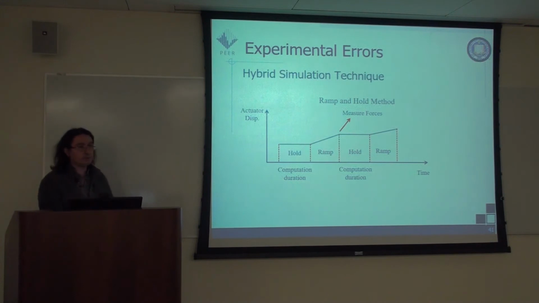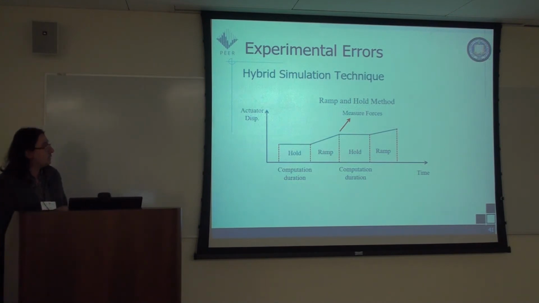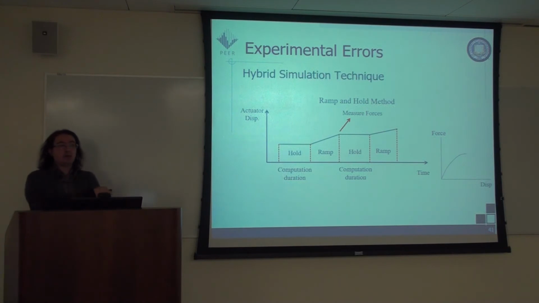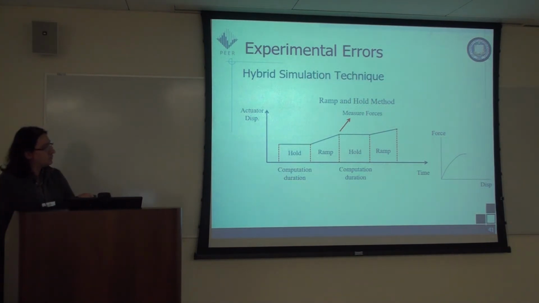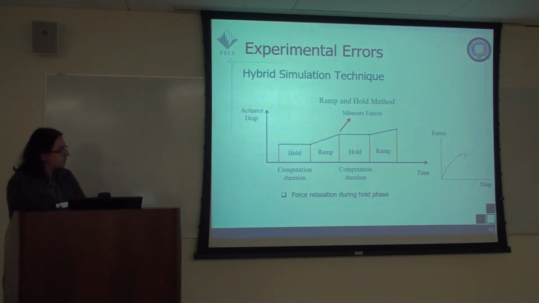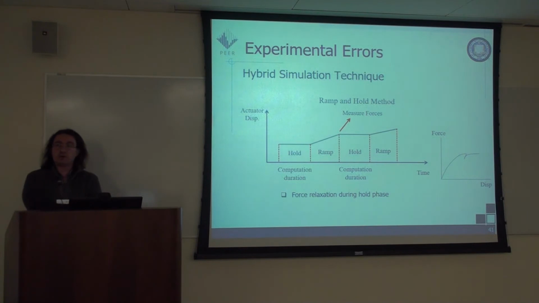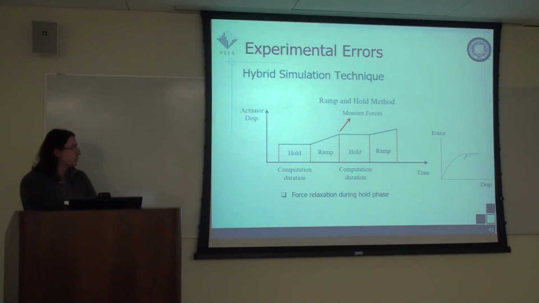The disadvantage of this is that while you are doing the computation, you are waiting, right? Depending on the material, this could lead to force relaxation, which would lead to incorrect force feedback, which would make your hybrid simulation inaccurate.